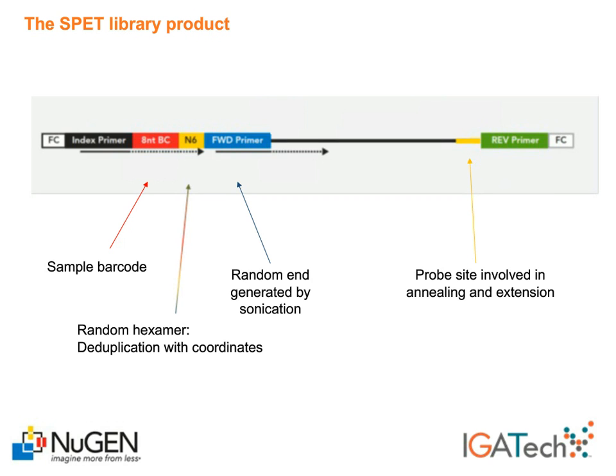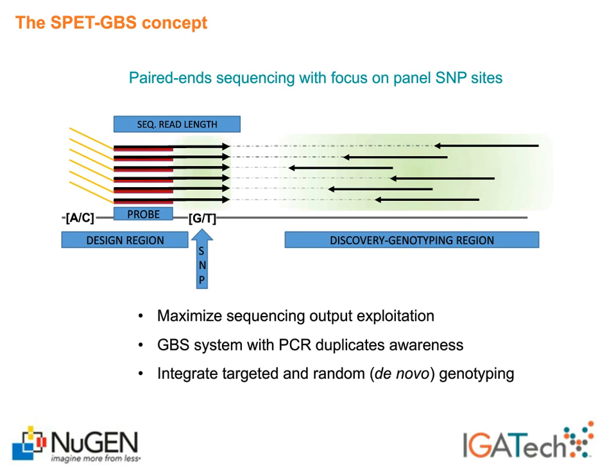However, given our purposes, the idea was to adopt this technology, but with the maximization of the genotyping ratio for a set of chosen SNP sites of interest. So instead of targeting a region with distributed coverage of reads just by means of the first read of a pair, we managed to design probes to be just upstream of a target SNP in order to be read through by the reverse read.